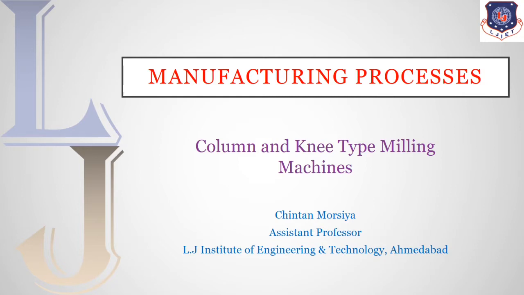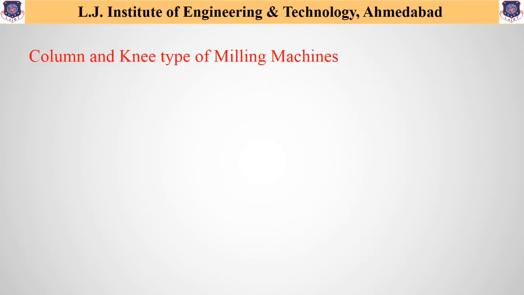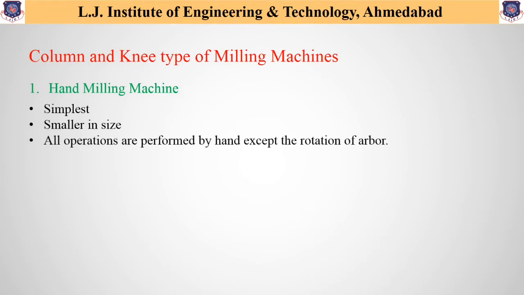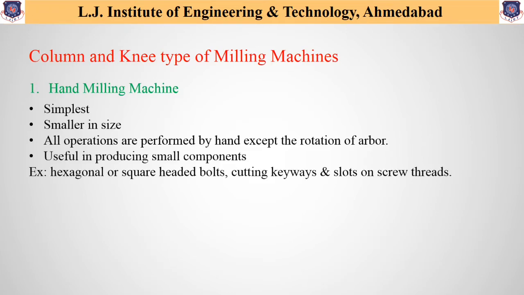starting with the first machine, that is the hand milling machine. This machine is simplest in design and smaller in size, and all the operations are performed by hand except the rotation of the arbor. This machine is useful in producing small components such as hexagonal or square headed bolts, cutting keyways and slots on screw threads.